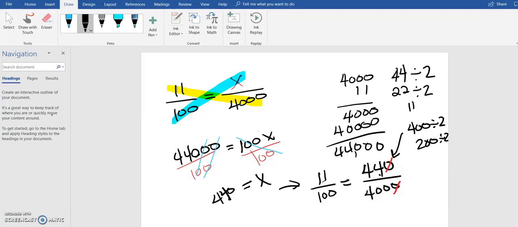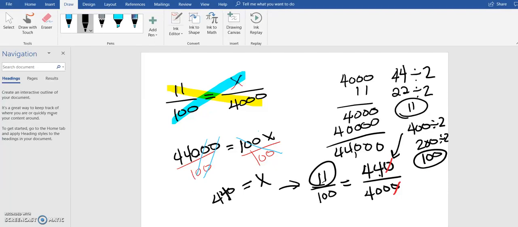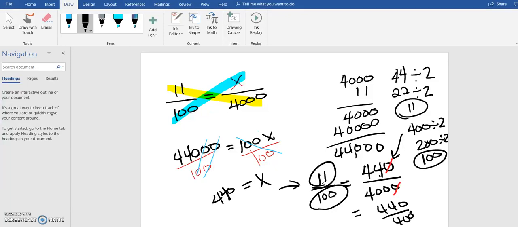And then let's divide that by 2 again. That's going to give me 100. I want you to notice that this is my numerator and this is my denominator. So we can clearly tell that they are indeed equal. But we're okay stopping here at 440 over 4,000. Okay? And that's the answer to that question.